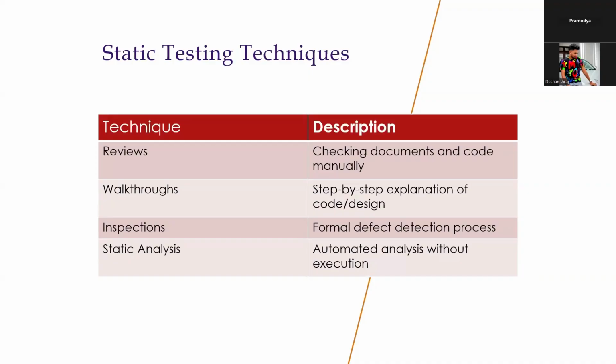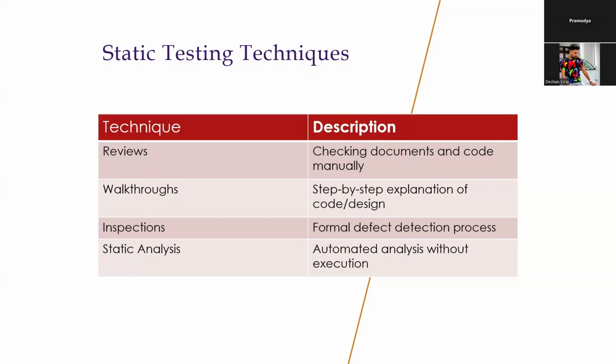Reviews are a manual checking process where documents or code are examined by team members. Walkthrough. In a walkthrough, the developer explains the code or design step by step to others. Next, inspections. Inspections are formal meetings conducted to identify defects systematically.